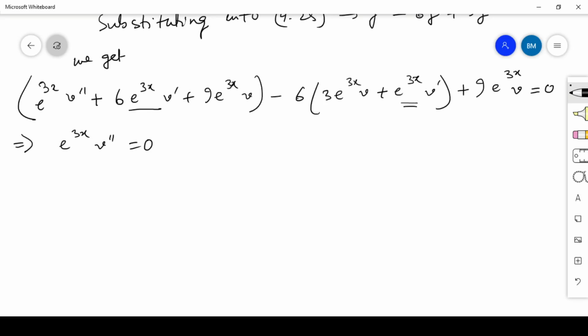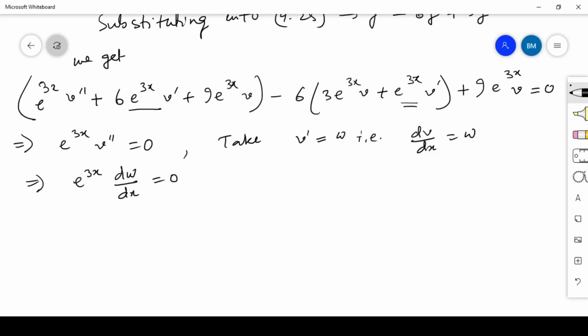So if I take v prime equal to w, that is, dv by dx equal to w, then what will be v double prime? d2v by dx square will be dw by dx. So I shall get e to the power 3x dw by dx equal to 0.